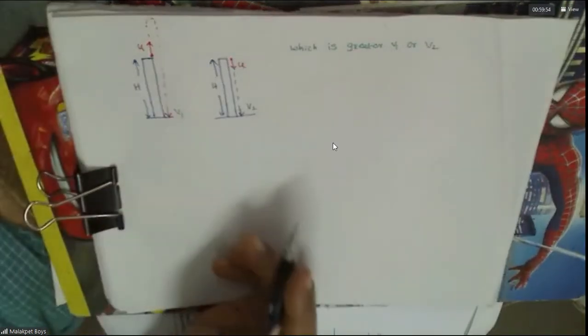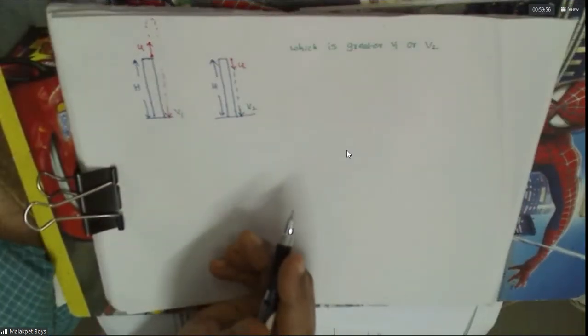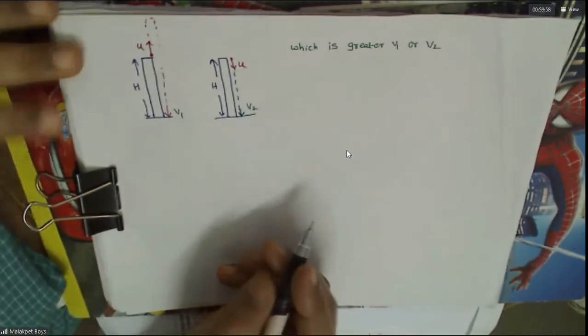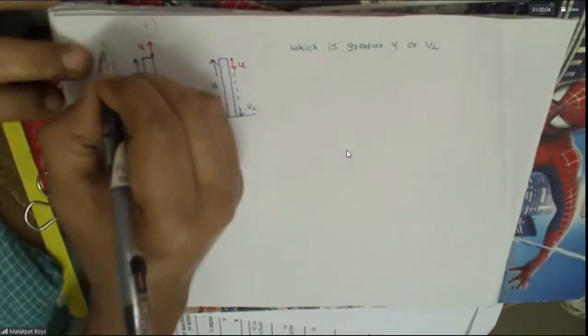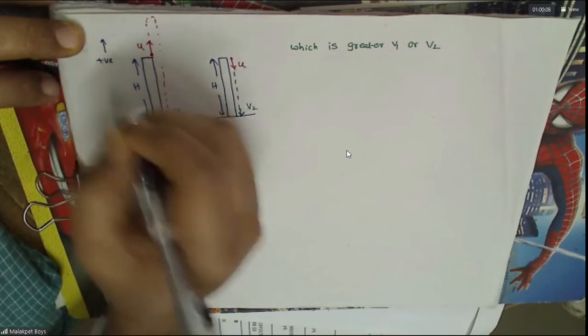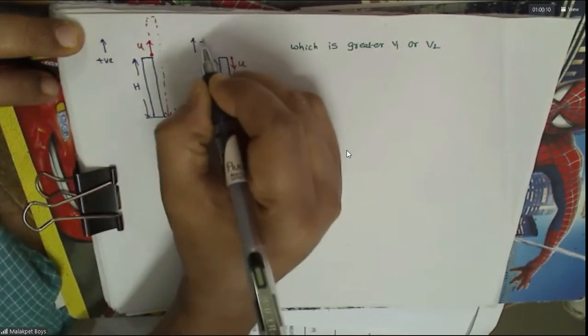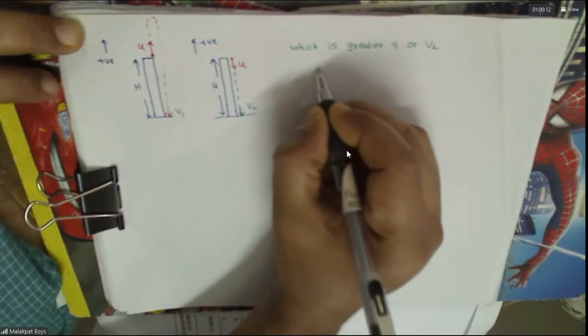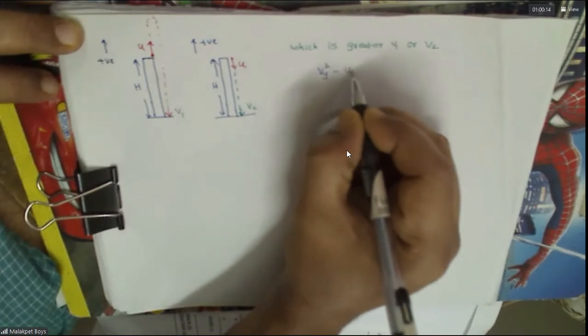Any answer? V2, sir. You take, suppose, positive in both cases. We'll use V square minus U square.